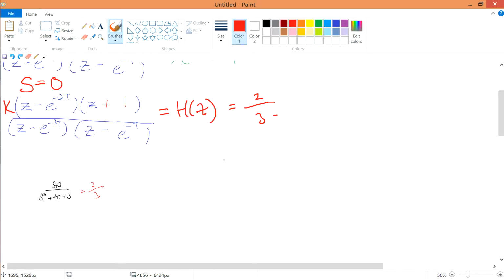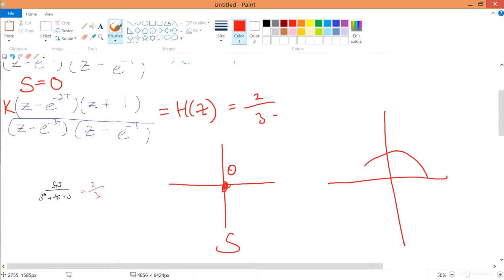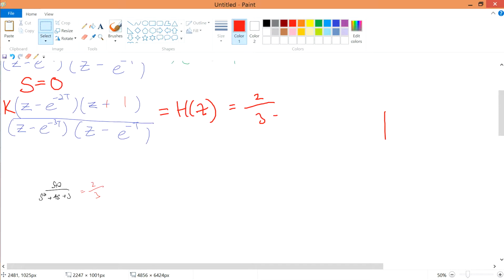Because if your S is equal to 0 in the S domain, you know that when you plot inside the Z domain, it's at the point 1, and so you just substitute Z equals 1.